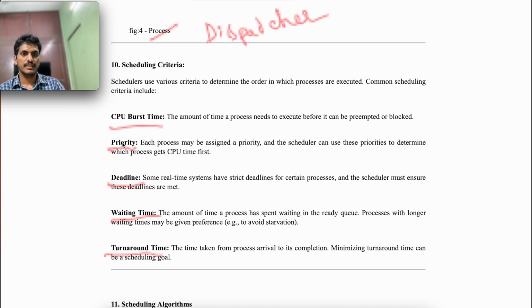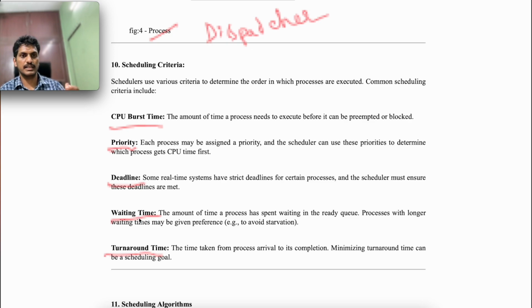Okay, priority should be less in number. Preference will be given to 0, then 1, 2, like that. Deadline: for certain processes we give a deadline. Waiting time: how much is the waiting time.